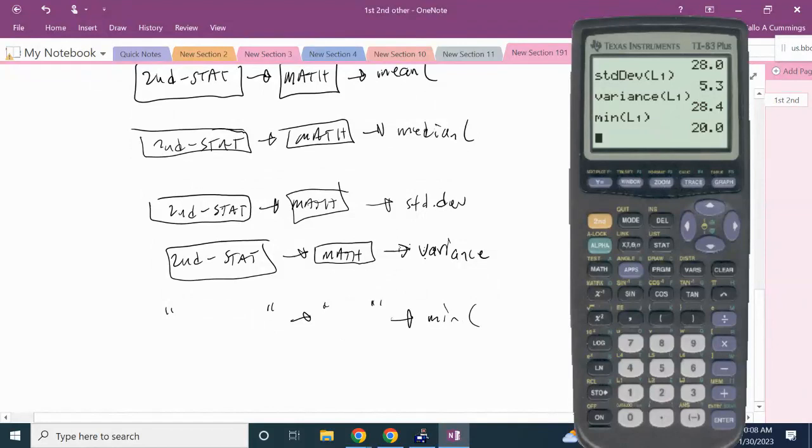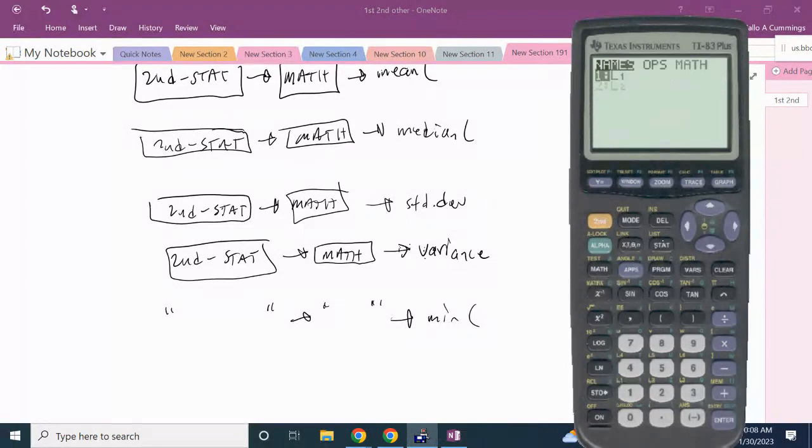You can also find the maximum value, the second option, which is 34.